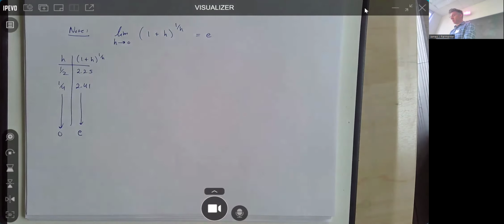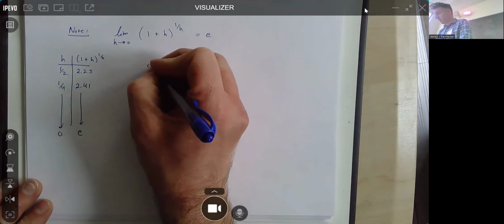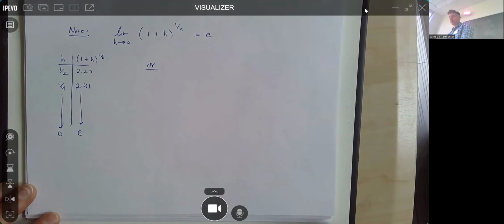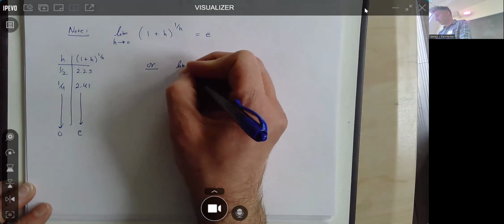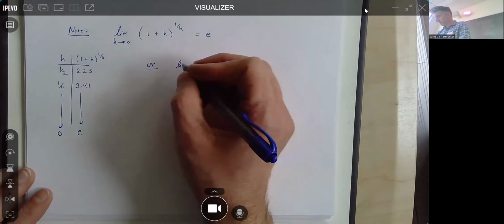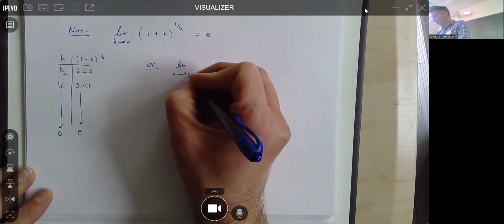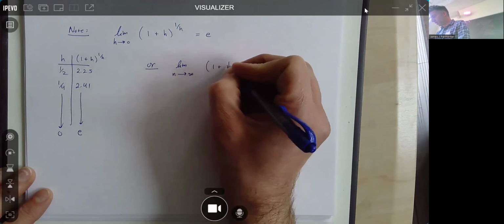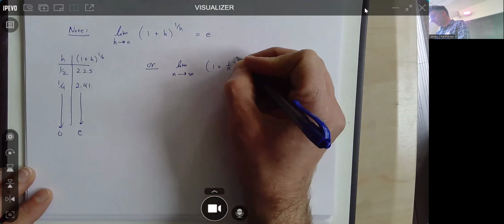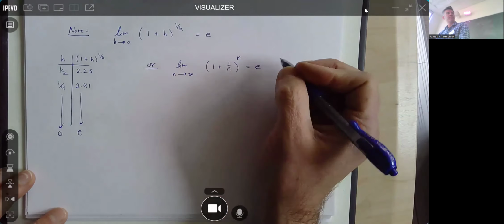I will also point out another way of writing this that's equivalent: the limit as, pick whatever letter you like, n goes to infinity of 1 plus 1/n raised to the nth power is also equal to e.